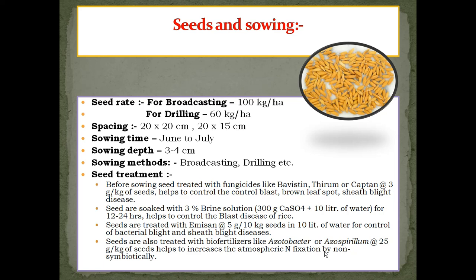There are three types of azolla species which will be used only for lowland or anaerobic rice. But in case of direct seeded or upland rice, we should use the biofertilizer azotobacter or azospirillum. This is about the seeds and sowing.